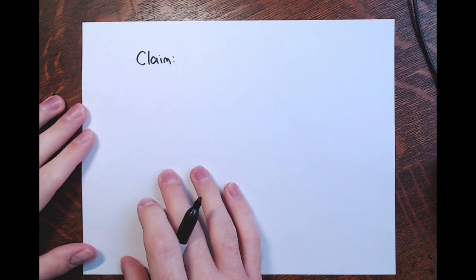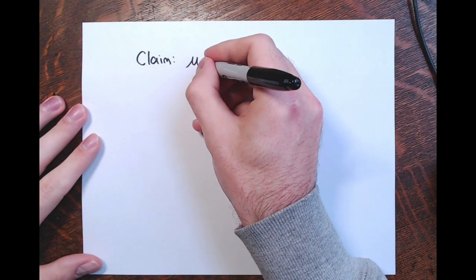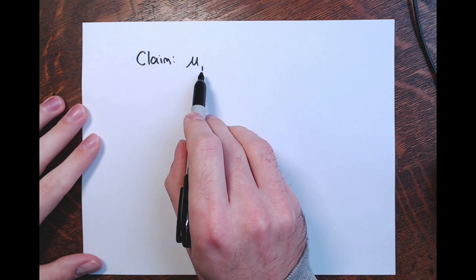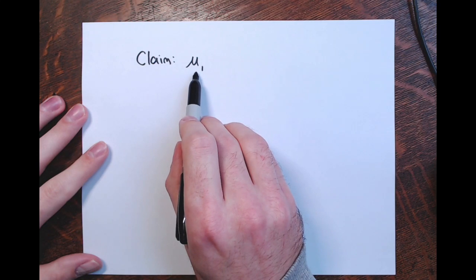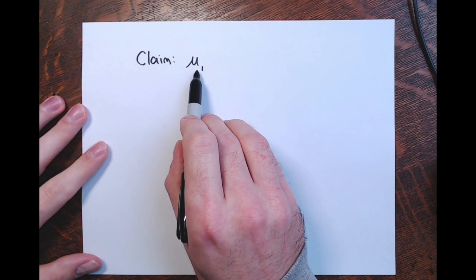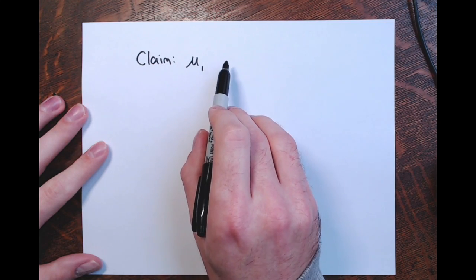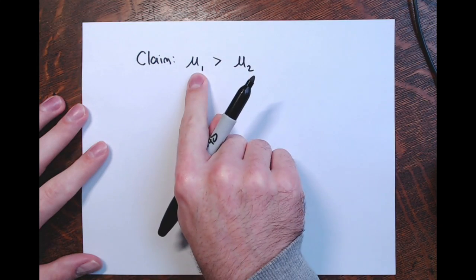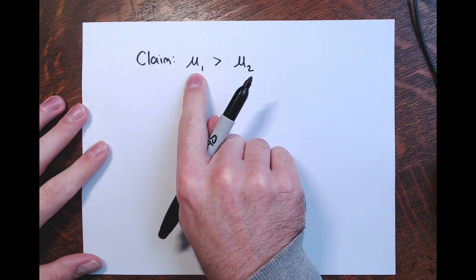They're trying to determine if the average amount of weight gained under the new feed, say that's the first population, mu1, is more than the average amount of weight gained for the pigs eating the regular feed. Is the weight gain increased under the new feed?